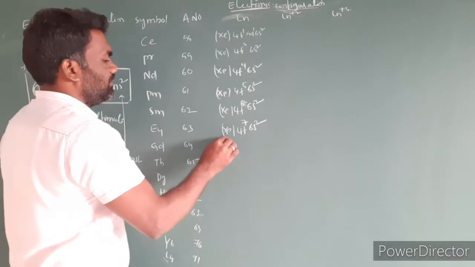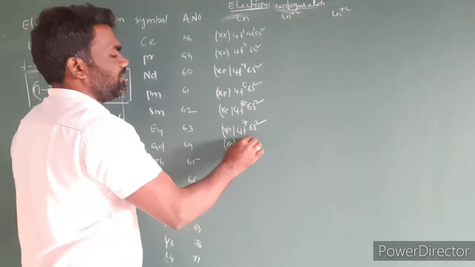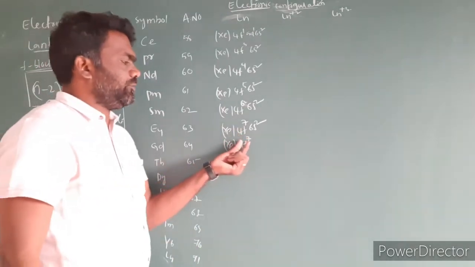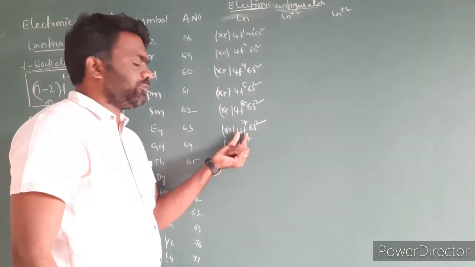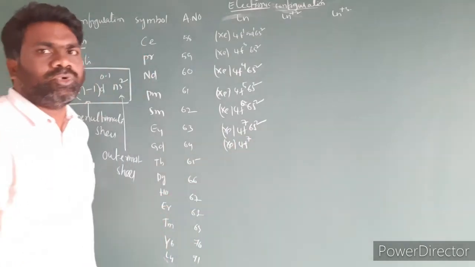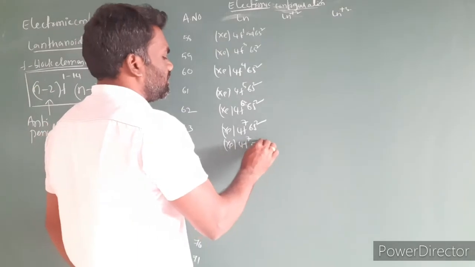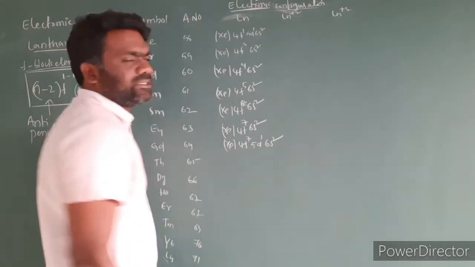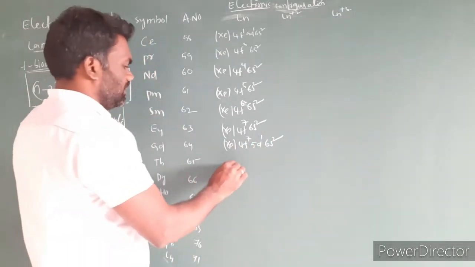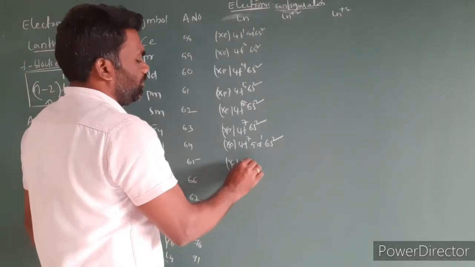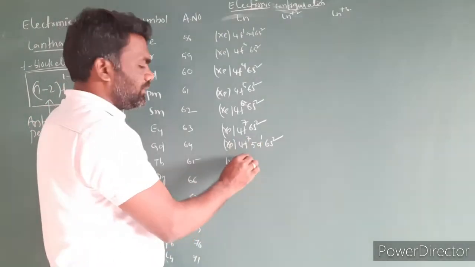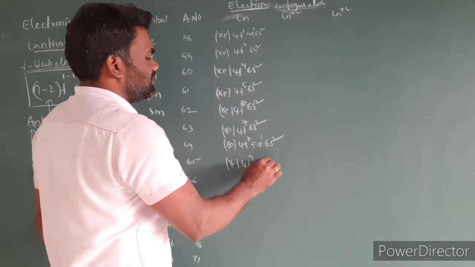Next, xenon 4f7. Actually we have to write 4f8, but because half-filled electron configurations are more stable, we take 4f7, 5d1, 6s2. Next, xenon 4f9, 6s2.